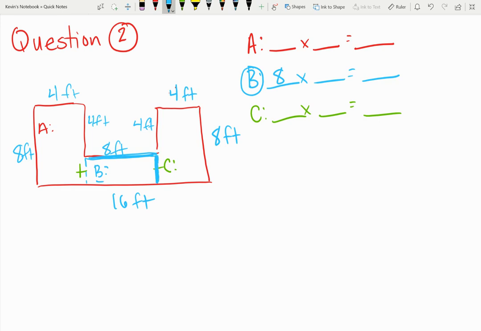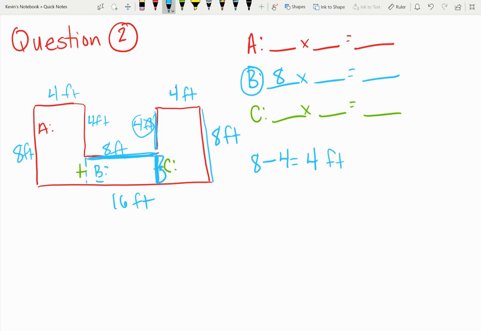Okay. So how do you get there, Mr. Sweet? You're saying, what do I do? Well, we use what we know. So for example, we know if we just need to find this guy here, we know if this edge is 8 feet, we just do 8 minus, and if we know this is 4 feet, 8 minus 4 is 4, or 4 feet, okay?